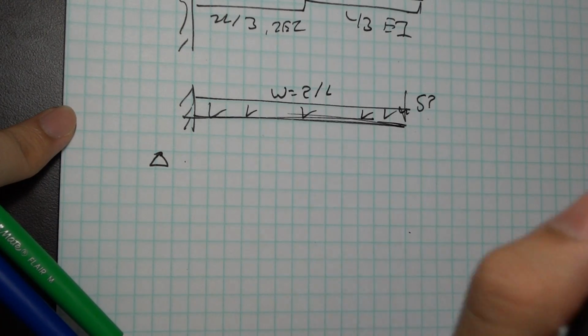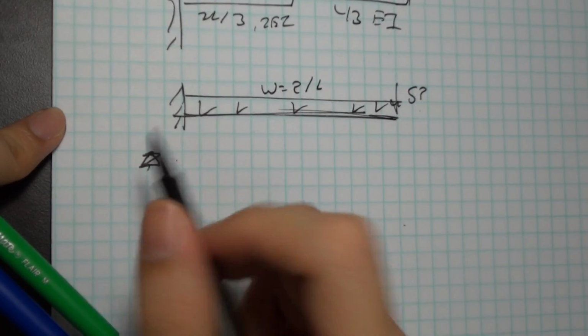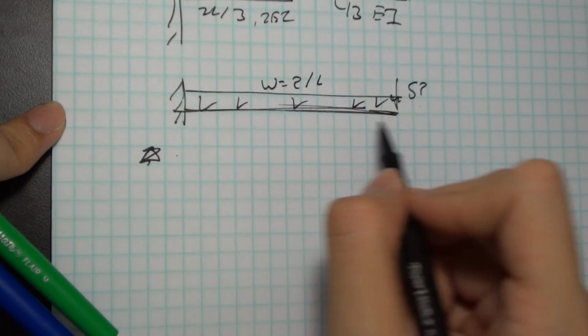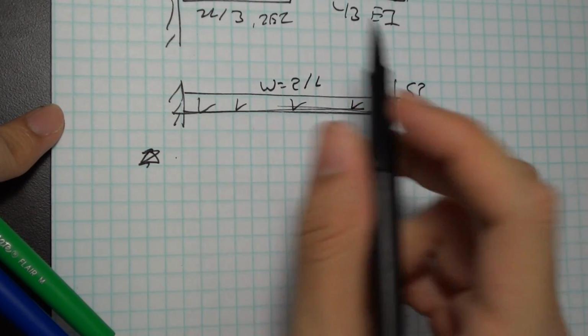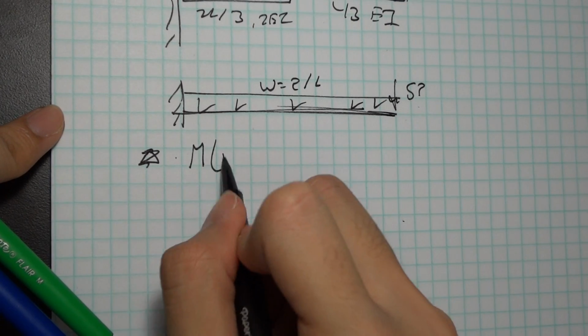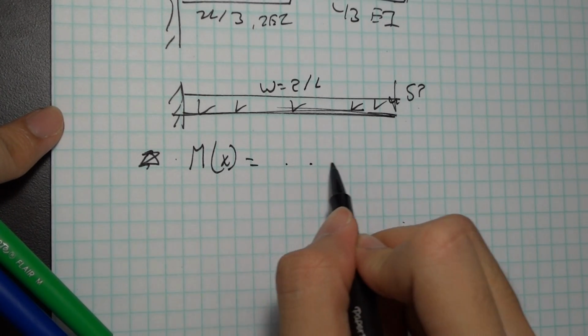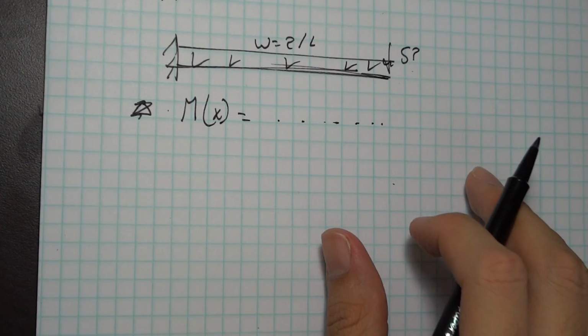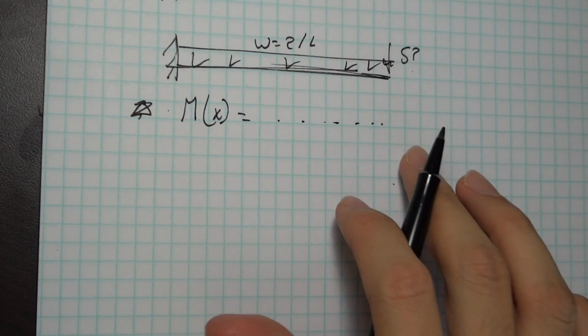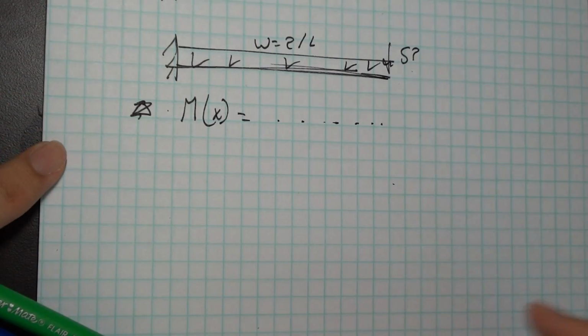So you're going to find a moment equation for this beam. You have a distributed load and a point load at the end. You want to find m of x for this. I'm not going to find that for you because I don't think you guys do enough work with cantilevers, so solving this problem should be good for you.